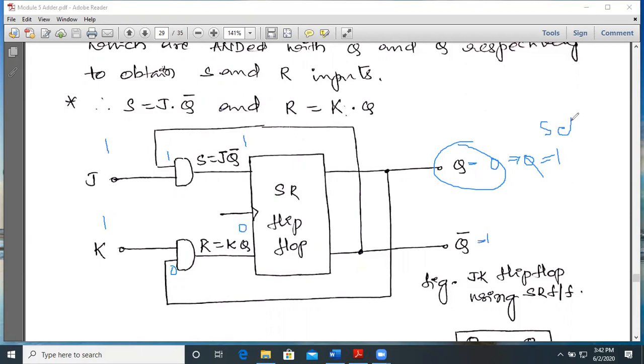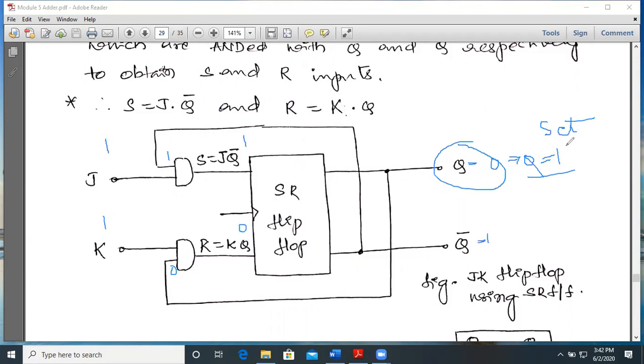What did we assume? We assumed the state of the flip-flop as reset first. If Q is 0, we call it the reset state. After the analysis, we get that Q is equal to 1. That means the previous state was 0, and the present state we got is Q equal to 1, which is called the set state.